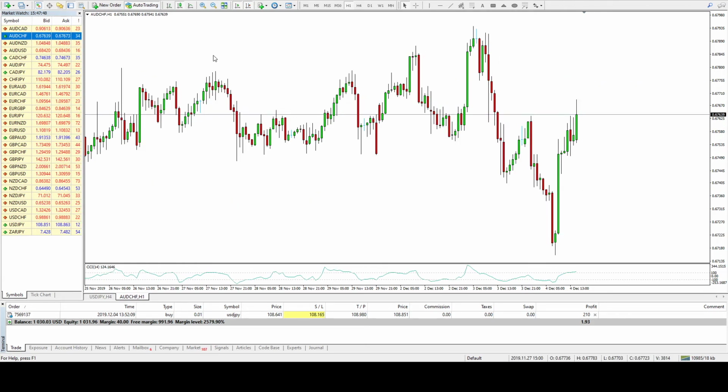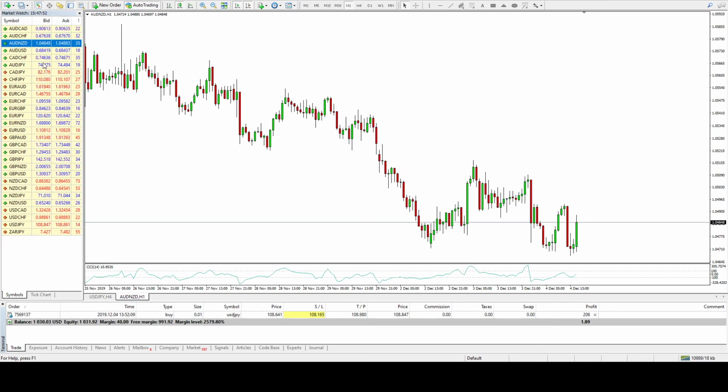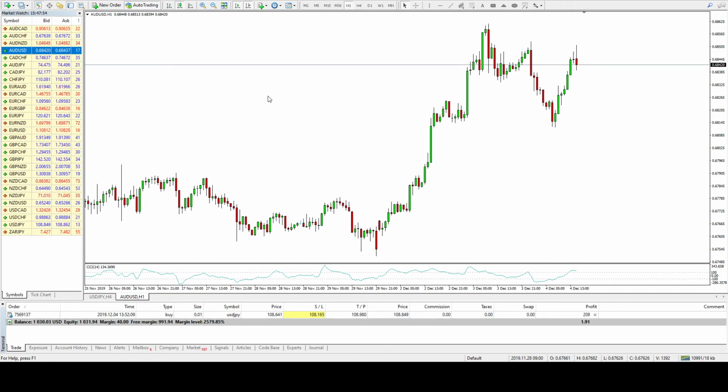Okay, Aussie CHF, Aussie New Zealand, Aussie dollar. That looks good.